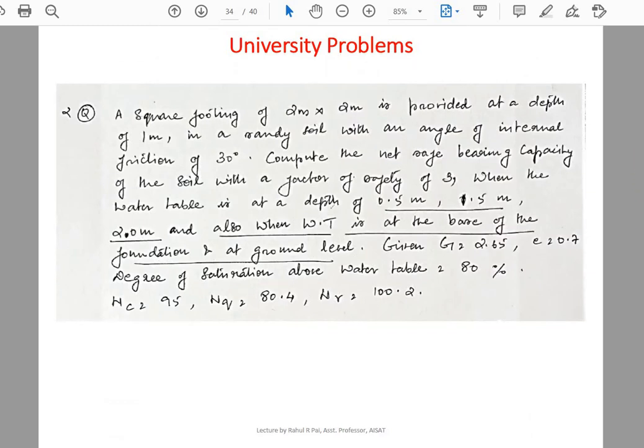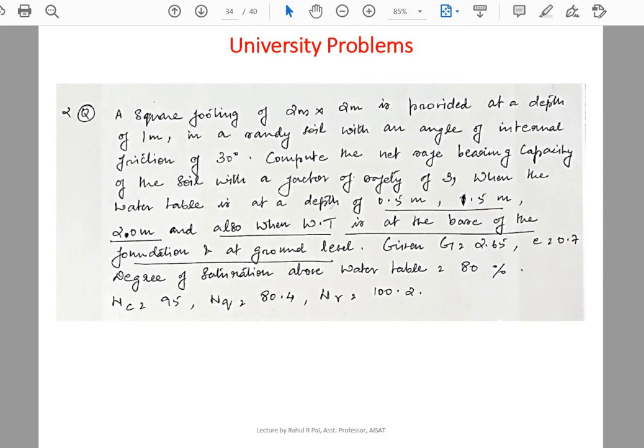This question covers all the aspects, because here I have taken different cases of water tables, all the cases. So here it is a square footing. A square footing of 2 meter by 2 meter is provided at a depth of 1 meter in a sandy soil with an angle of internal friction of 30 degrees.